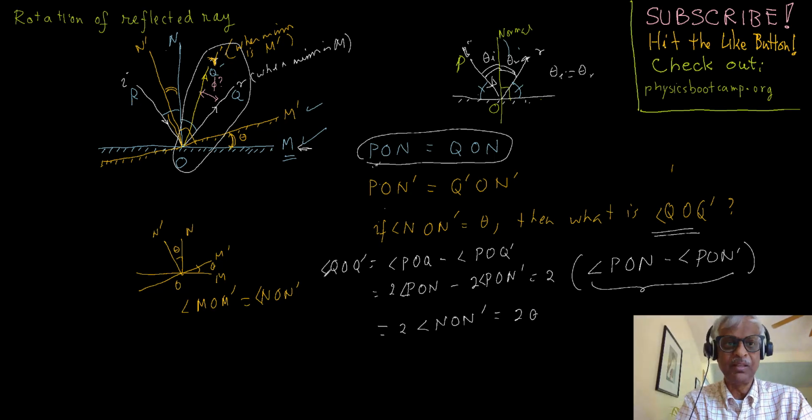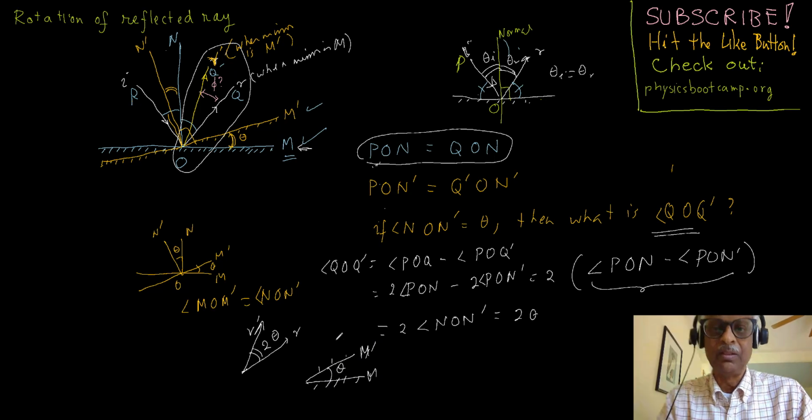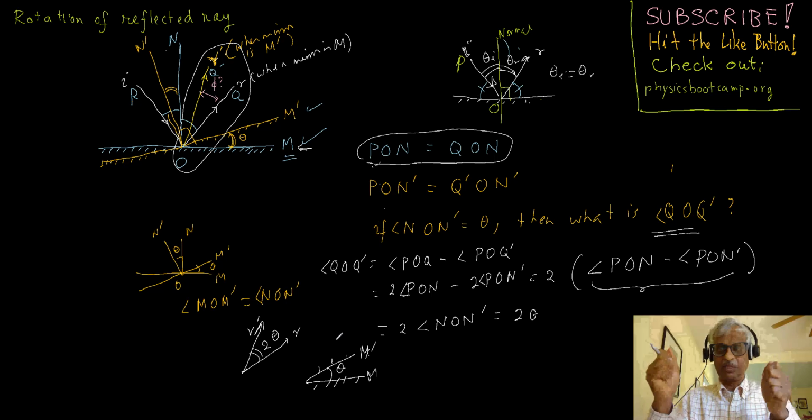The angle between R prime and R is actually 2 theta, and the angle between the rotated mirrors M and M prime is theta. So if you rotate the mirror by theta, the direction in which the ray reflects rotates by 2 theta. It's a very standard problem.